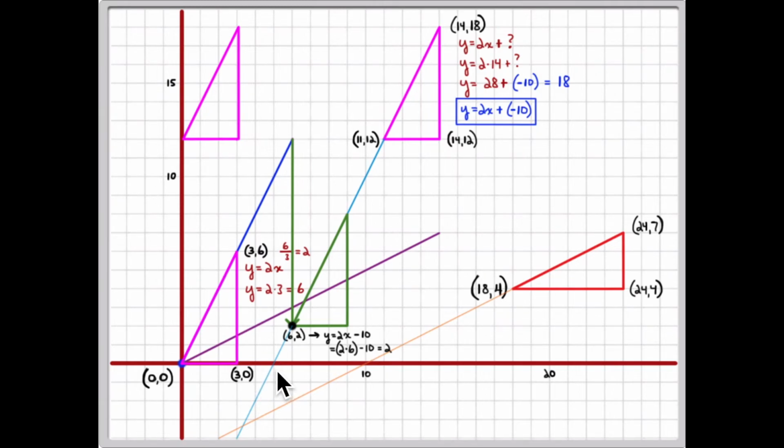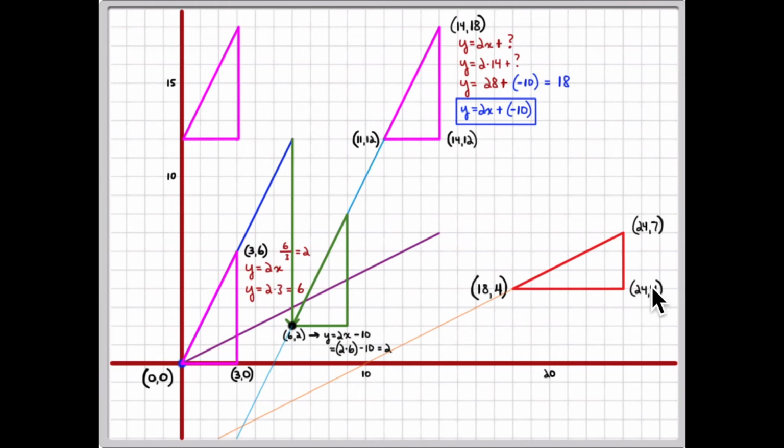Well, 2 times 5 is 10, plus a negative 10 is 0. So this point right here is 5, 0. And if you keep going, eventually this line is going to cross the y-axis at negative 10 because it is always 10 units less than its corresponding point on the proportional relationship. So it's going to be 0 plus negative 10, which is going to put it at y equals negative 10.